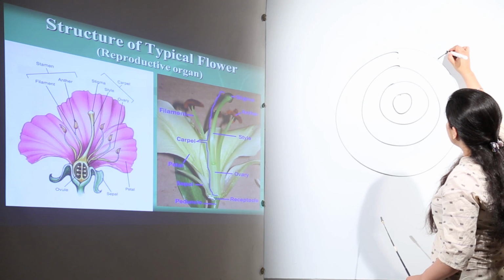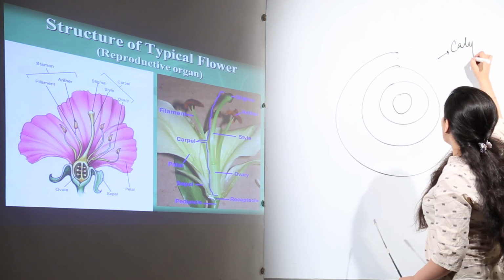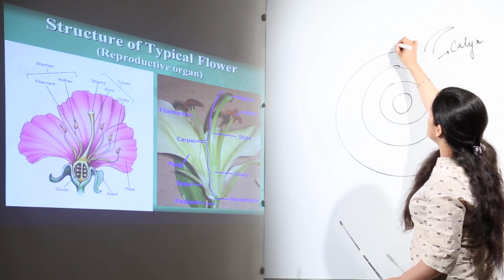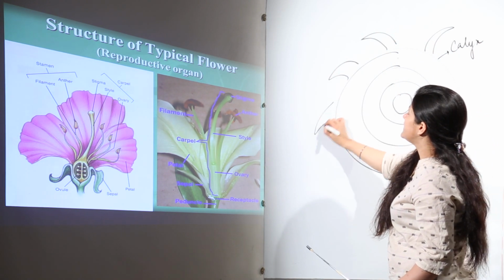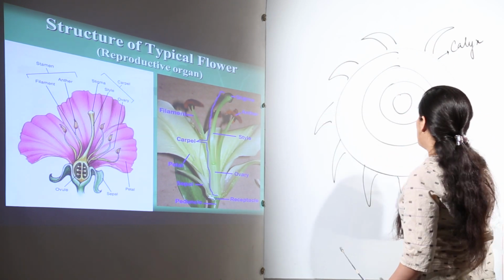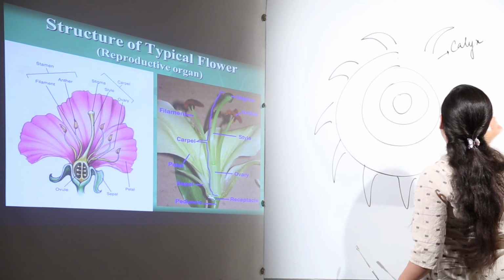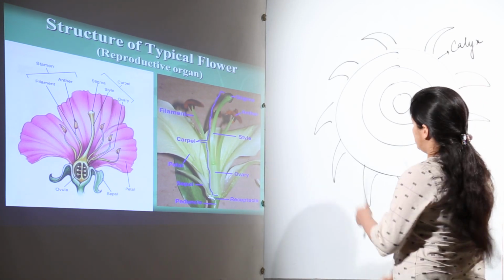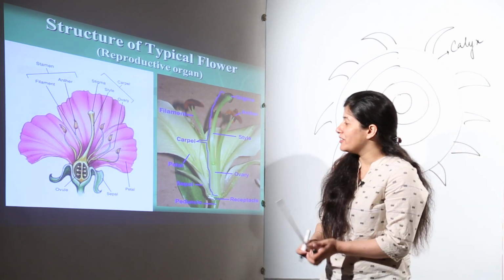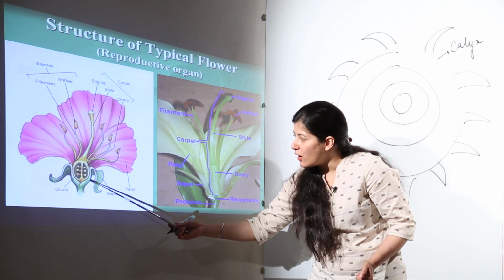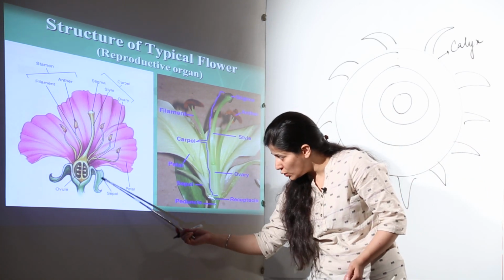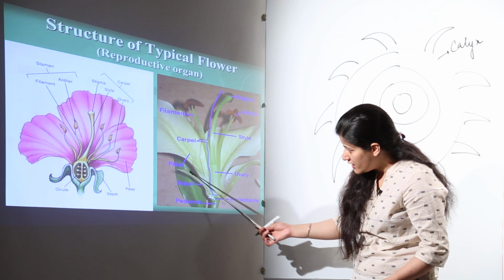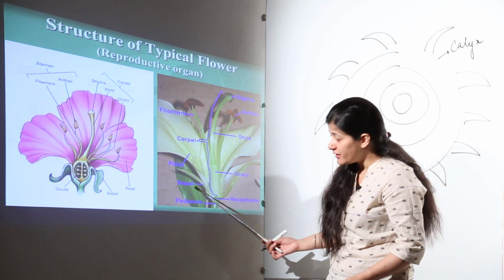The outermost whorl is called calyx and it bears appendages called sepals, the green part. My diagram looks somewhat like a star, but what you see over here is the outermost whorl bearing appendages known as sepals. As you can see over here, this is the sepal, the green part.